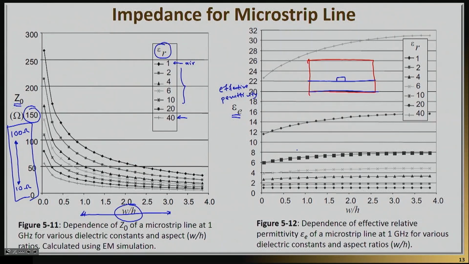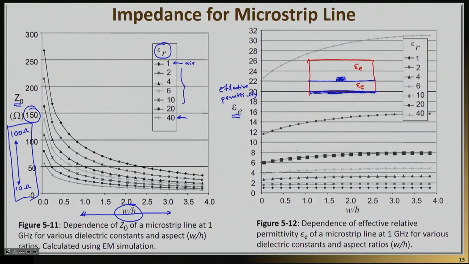So here's my strip, here's my ground. So now everything here has one dielectric constant of epsilon effective. So in other words, the effective dielectric constant is an imaginary quantity that would have the same effect if you were to put the entire electric field structure inside it, as it is in real life.